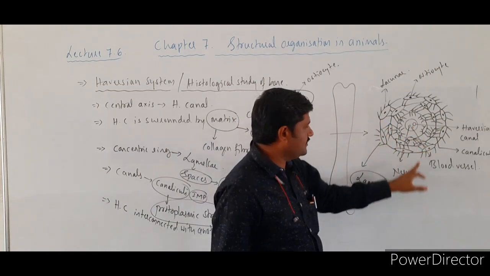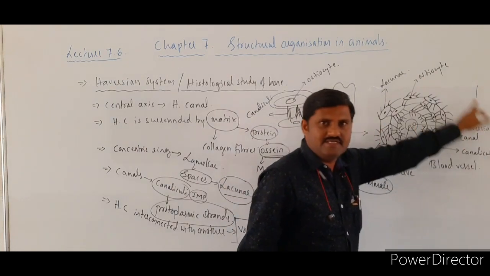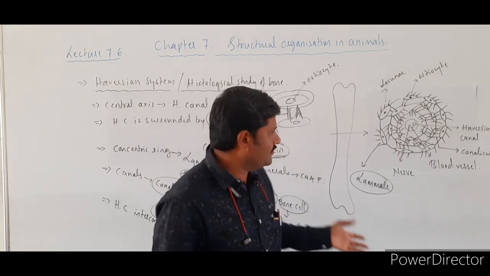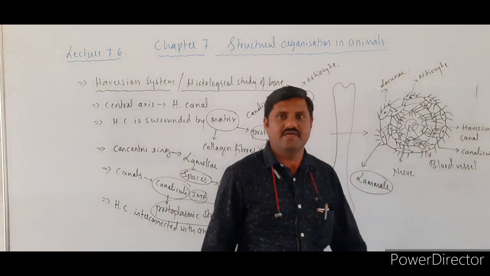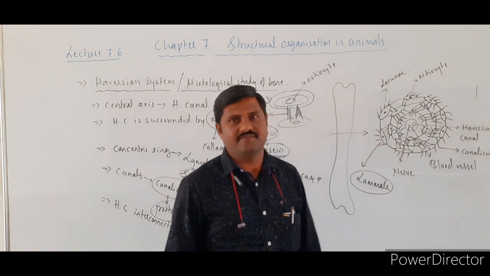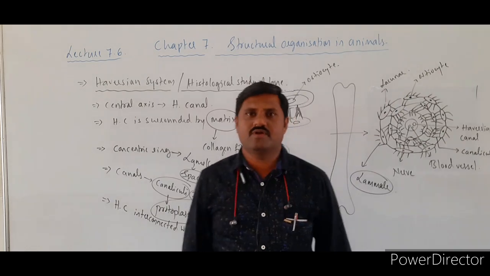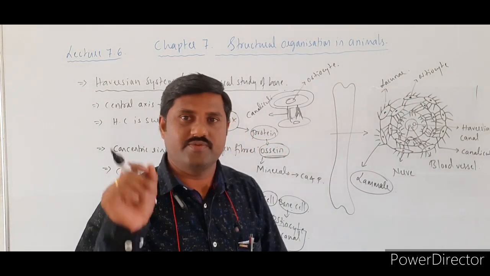So this one is interconnected with this one, and this one is interconnected with this one. So like this many concentric rings as well as the Haversian canals are interconnected over here, directly with the help of the canals called Volkmann's canal. Volkmann's canal, right? So this one point to be noted.